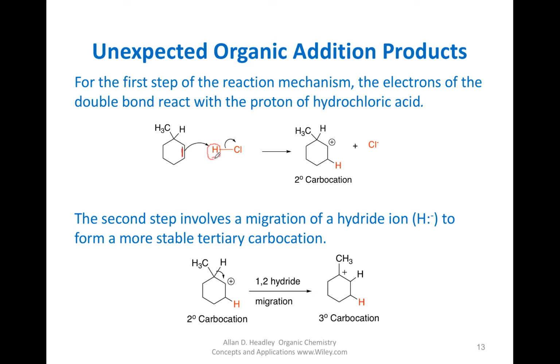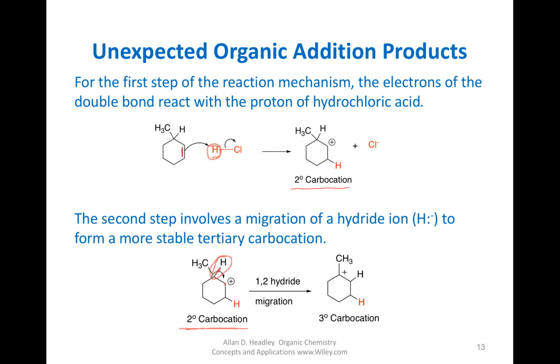Remember, this is the electrophilic portion of HCl to form our carbocation, and that's a secondary carbocation. A secondary carbocation can become more stable as a tertiary carbocation if, look at this carefully, this H with its electrons migrates to this carbon.